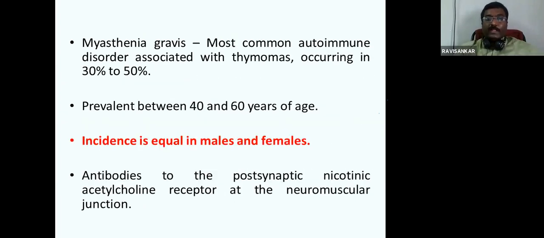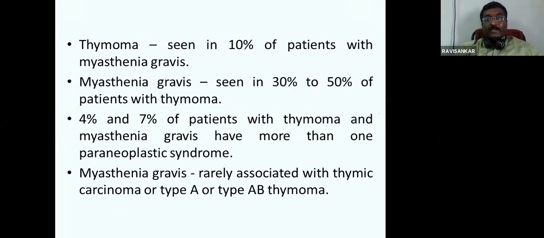It is caused by antibodies to the postsynaptic nicotinic acetylcholine receptor. It is prevalent between 40 and 60 years of age. In myasthenia gravis patients, 10% have thymoma. Remember that. In thymoma, 30 to 50% have myasthenia gravis.